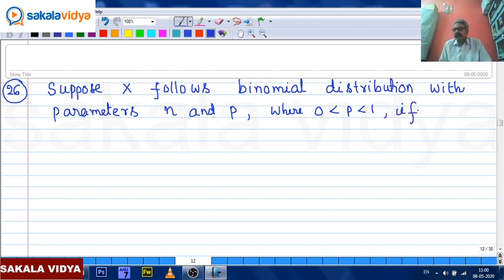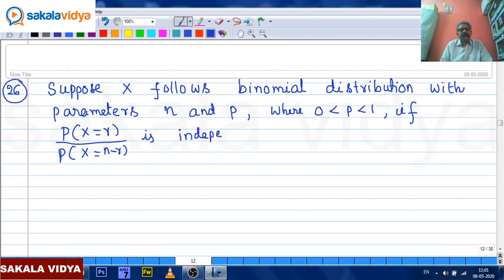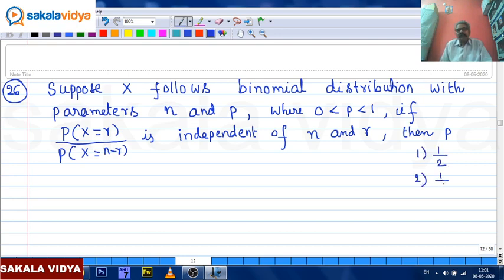If P of x is equal to r upon P of x is equal to n minus r is independent of n and r, it does not depend on the values of n and r, then p equals: first option 1 by 2, second option 1 by 3, third option 1 by 4, fourth option is 1. So, this is the question.